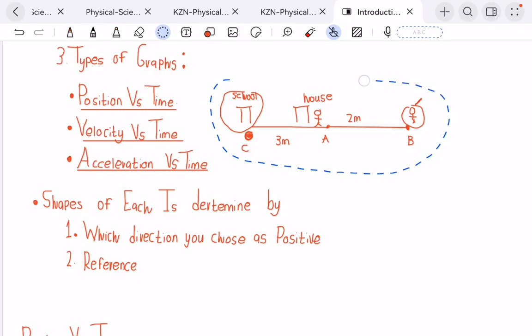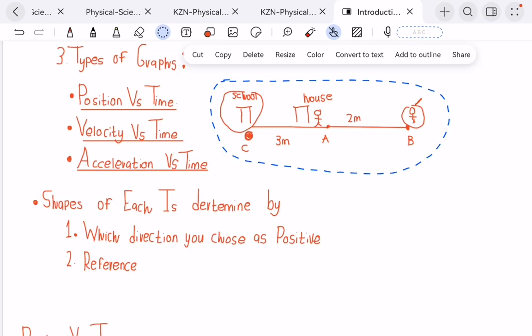But the basic idea of a reference is what you are referring to. If you are saying I'm 5 meters away, away from what really? The reference helps you in that way. You can say I'm 5 meters from something, because if you're going to walk and say I'm like 5 meters, 5 meters from what? That does not really make sense, right? So a reference is helpful in that way, right?